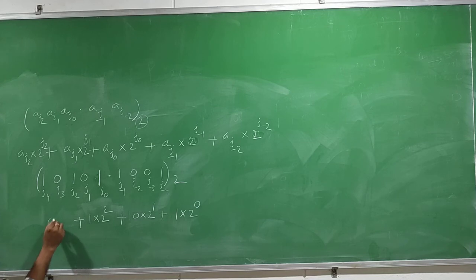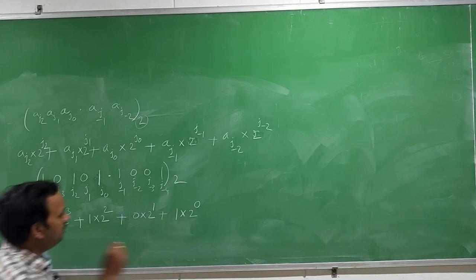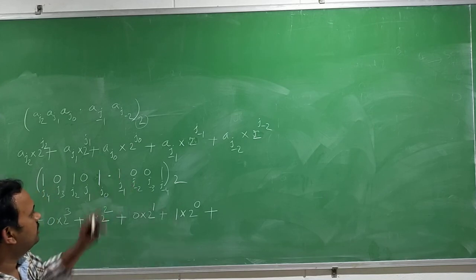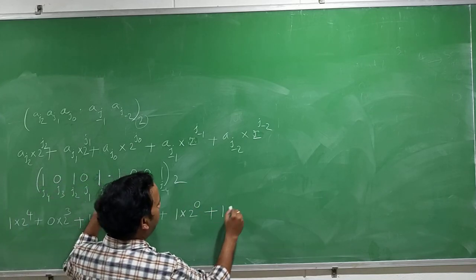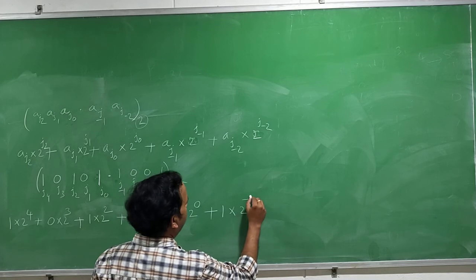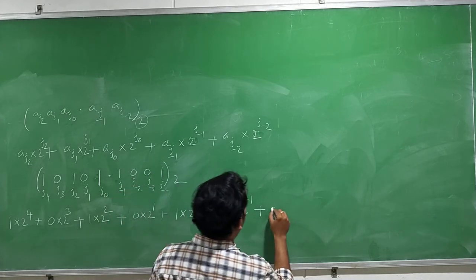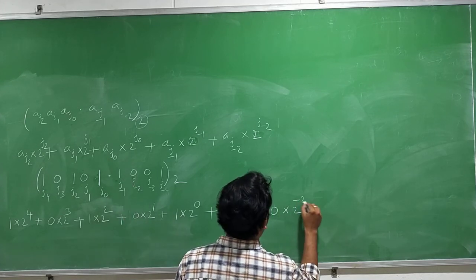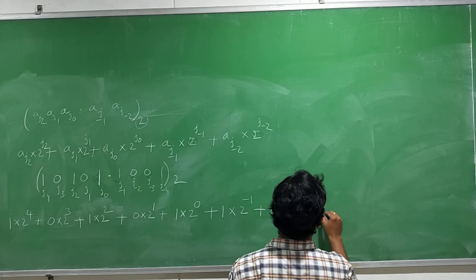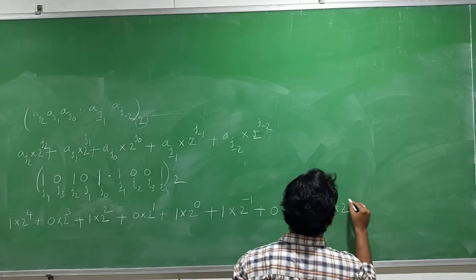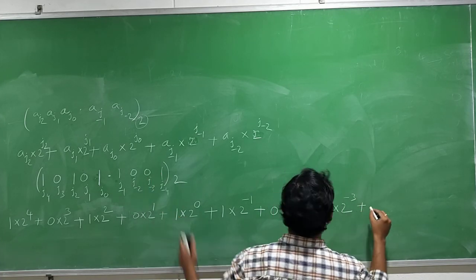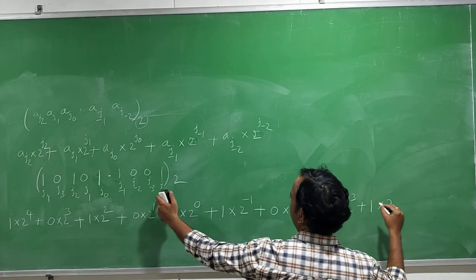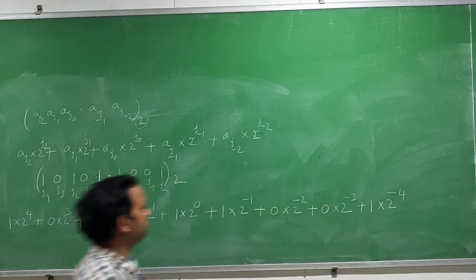Indexing, I am starting with 0. 0 into 2 power 3, and 1 into 2 power 4, plus, after the decimal, I can write 1 into 2 power minus 1 plus this 0 into 2 power, the position after the decimal is minus 2, plus this 0 into 2 power, the position is minus 3, plus here 1 into 2 power, the position is minus 4.